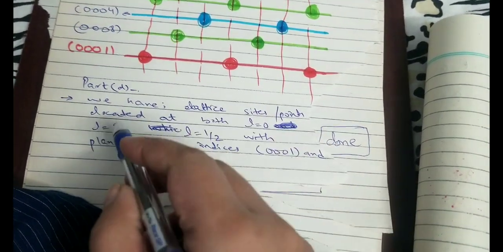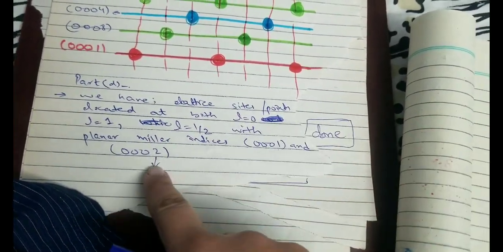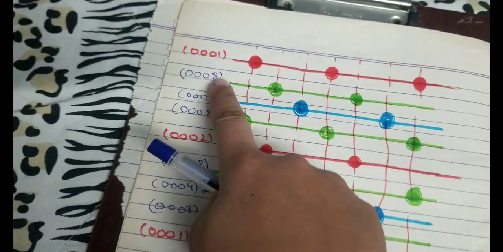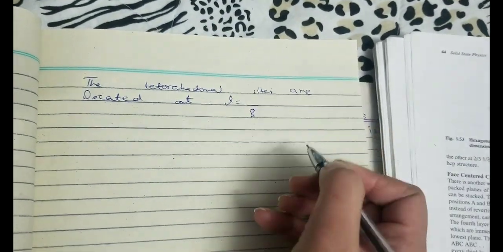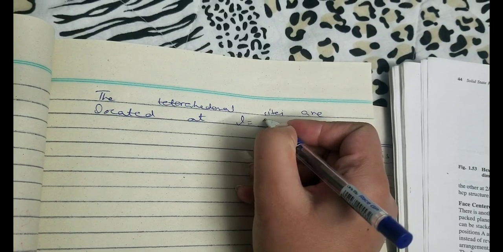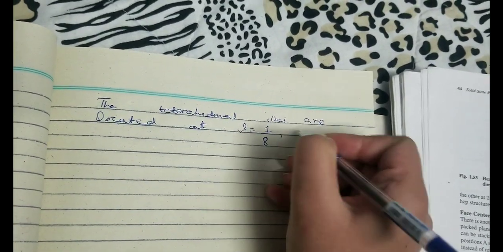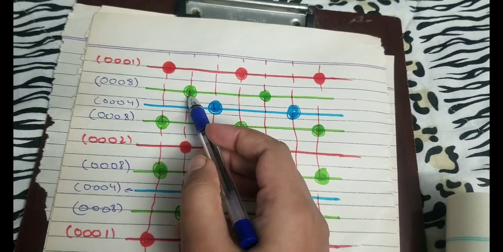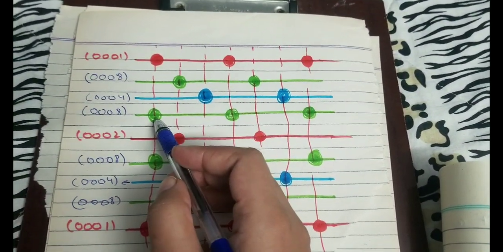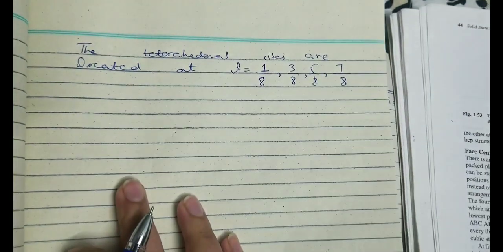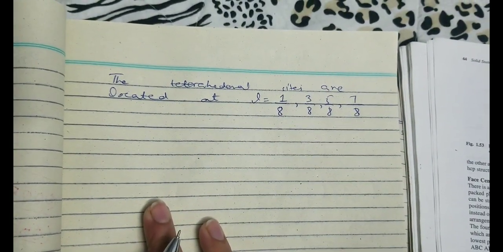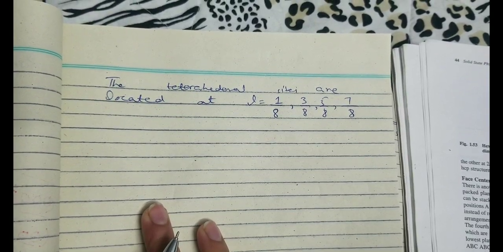Index is 1, the value is 1 again, because the reciprocal of 1 is 1 again. As we can see here, the Miller indices contain 8 for tetrahedral sites, so the position with respect to L will be of the type of odd multiples of 1 by 8: 1 by 8, 3 by 8, 5 by 8, 7 by 8. These are the locations of tetrahedral sites with respect to the z coordinate.